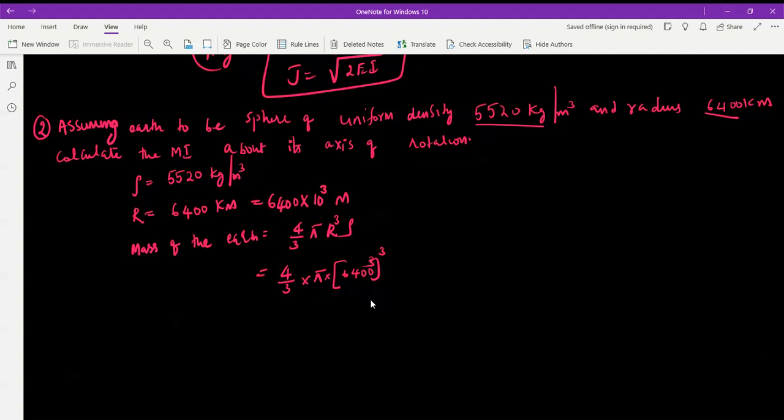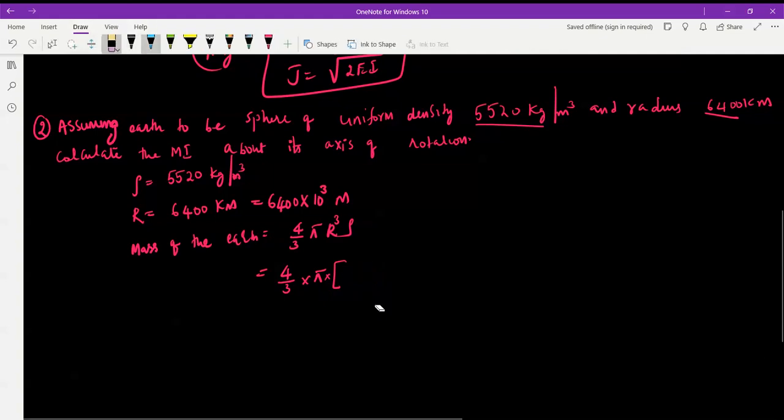So 6400 into 10 to the power of 3 whole cube into density, how much? 5520 kg per meter cube.